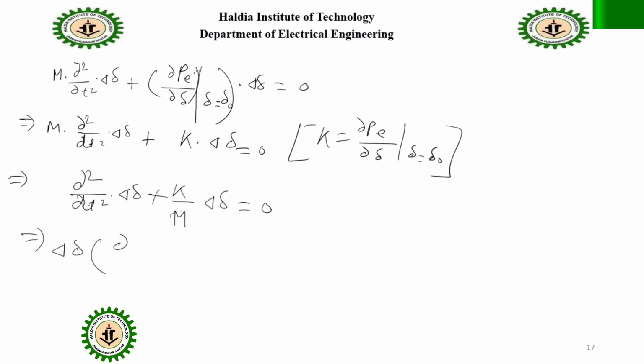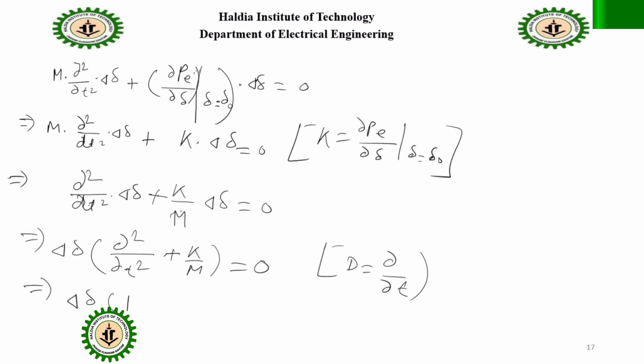So it is coming D² plus K by M is equal to 0, where I am taking D is equal to d/dt. So here we can write D² plus K by M equal to 0.